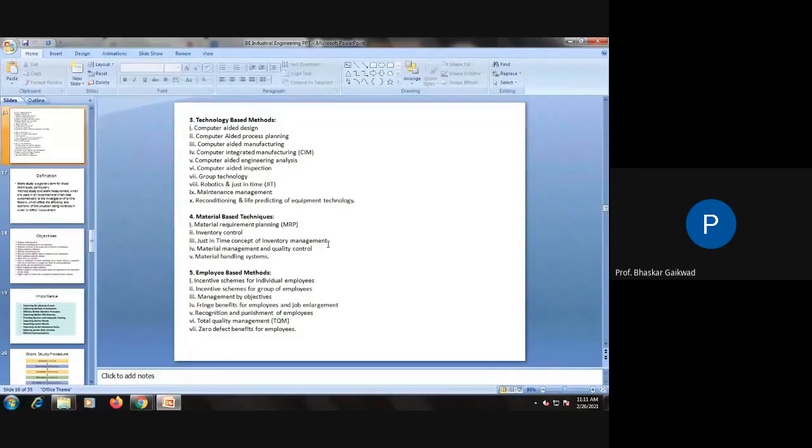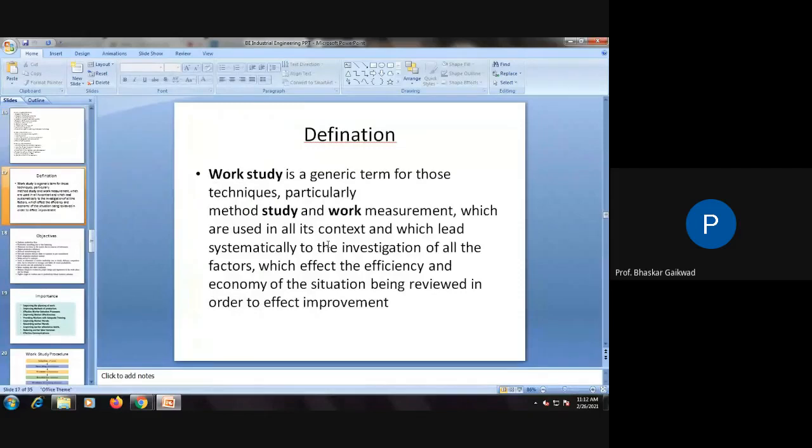Material requirement planning means optimum inventory should be there, with the role of material management. Employee-based methods are the supports we require for employees to get satisfaction from their work in that particular industry. The factors you have to remember under this may be insurance scheme, incentive scheme, and other facilities, which also affect productivity.